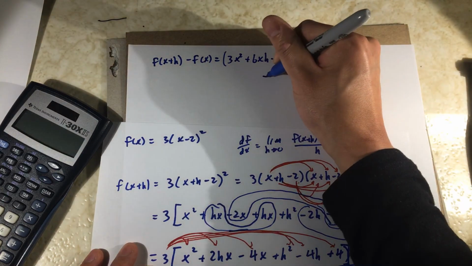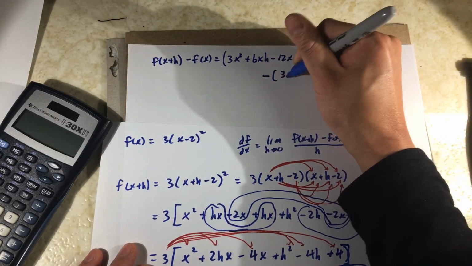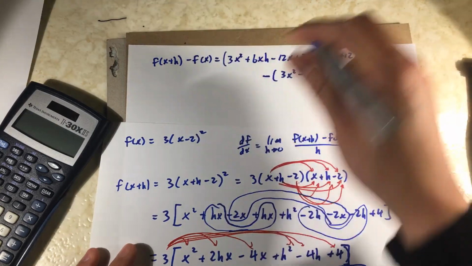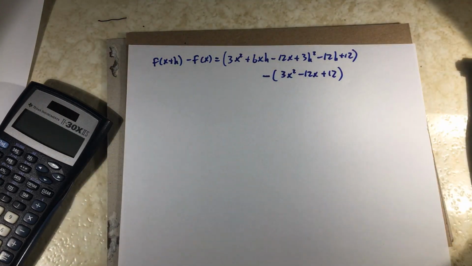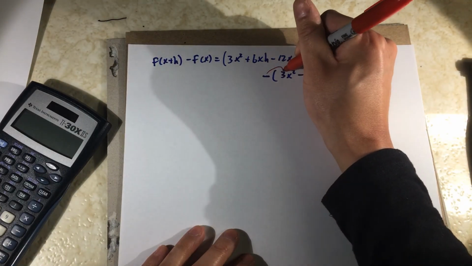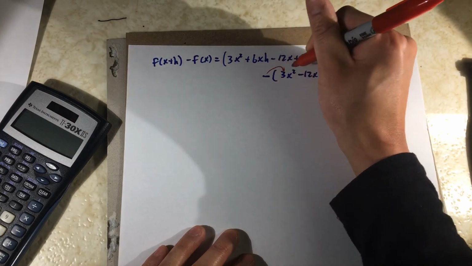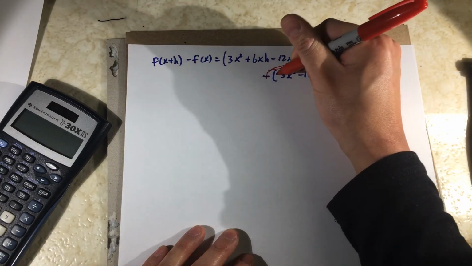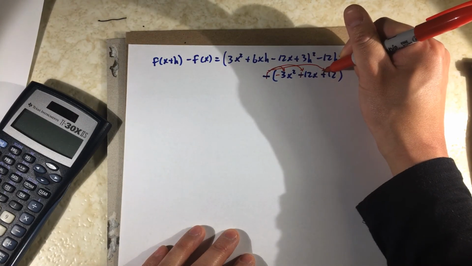And then we're going to do minus 3x squared minus 12x plus 12. All right. So this minus sign distributes in here. So if I distribute this minus sign in, I'm going to save some space here by making it positive, and then it switches the sign of all of these, right?